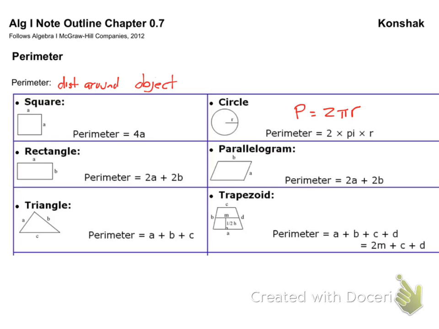M actually stands for the midline. So it's 2 times the midline plus c and d, which is the top of your trapezoid, and d is one of the side lengths. So I wouldn't worry about that one. I would stick with adding all the way around.